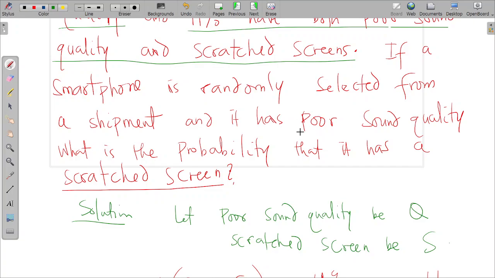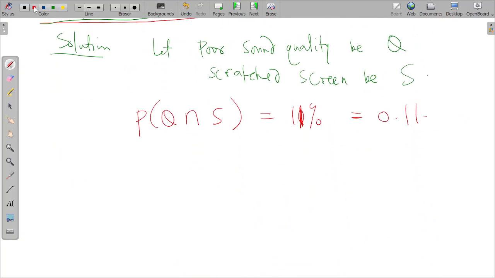What is given is poor sound quality. We are asked to find the probability that it has scratch screen. That means we are looking for S given Q. Okay, that is very important.